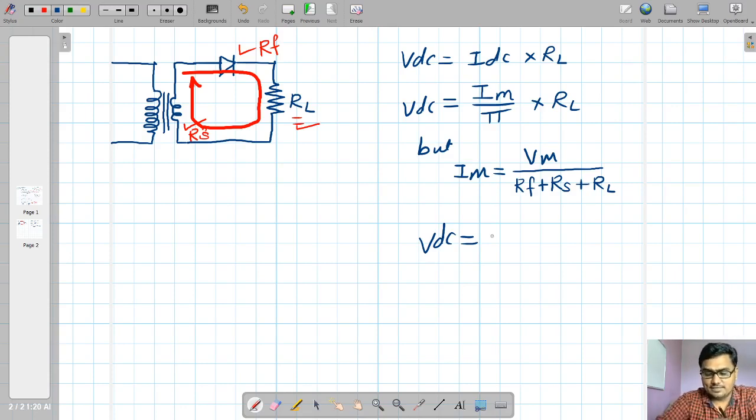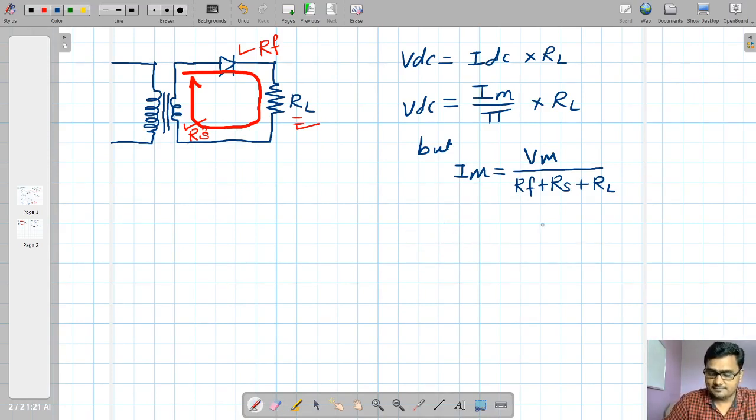But the resistance offered by the secondary winding of the transformer is very small. Even the diode offers very small resistance when it is in forward bias, or in conduction. So the values of Rf and Rs are very, very small compared to RL. Let me write that first.